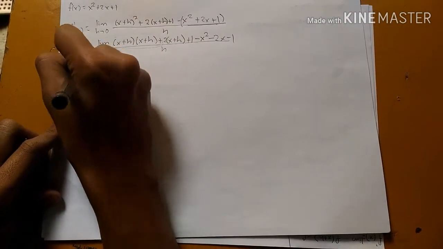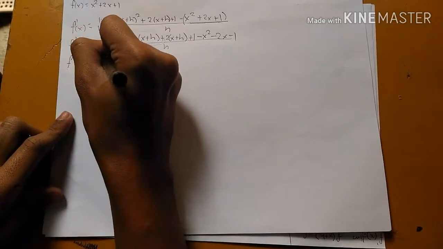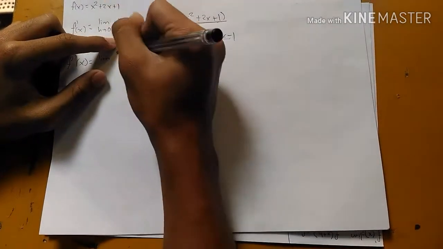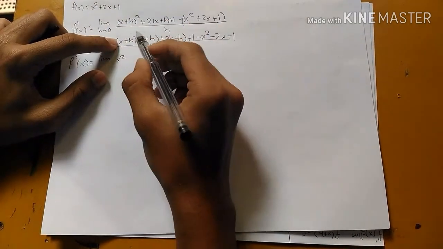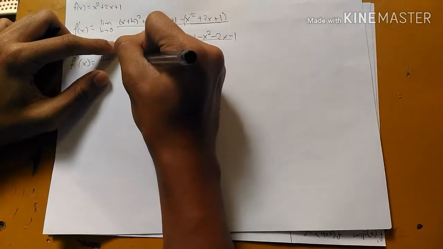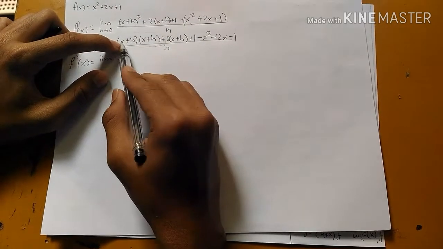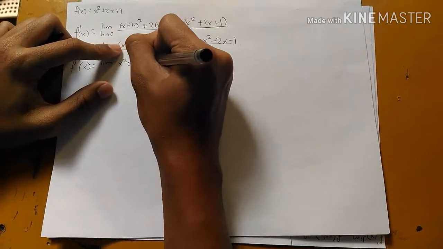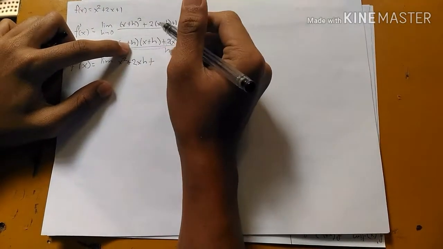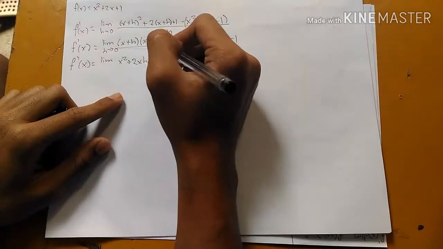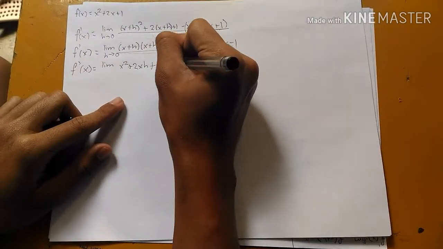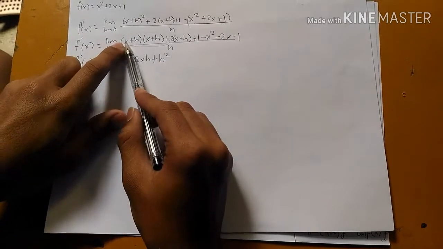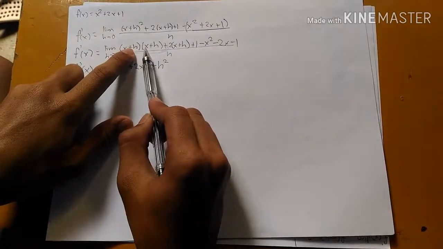F prime of x is equal to the limit of x times x is x squared, plus x times h, 2xh, plus h times h, h squared. 2xh here came from x times h and h times x.